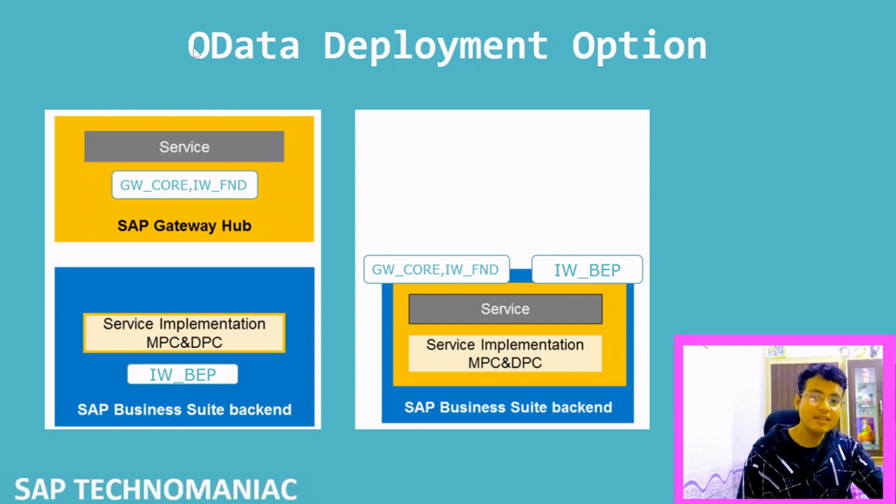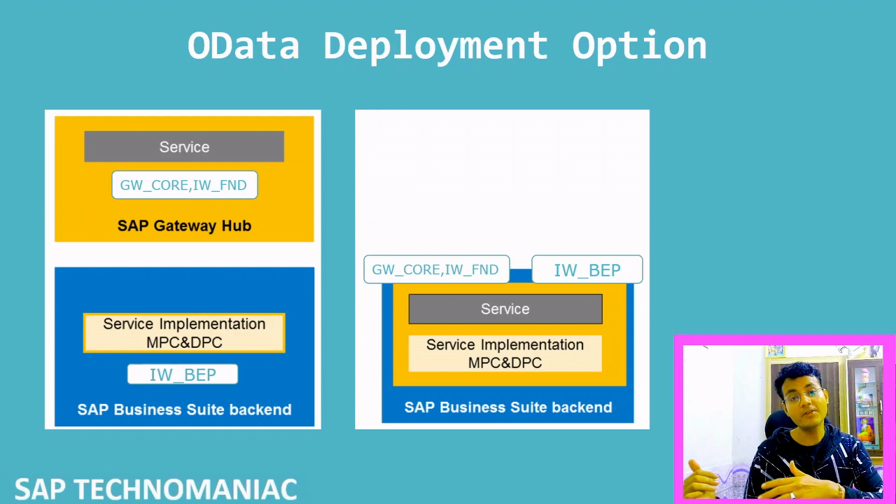This is called the central hub deployment option. In this option, we create the OData service in one place, and we register that OData service in another place, called the SAP Gateway Hub system. That will be a separate system from the one where we are developing our OData service.